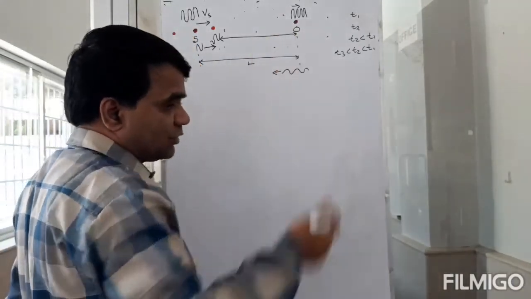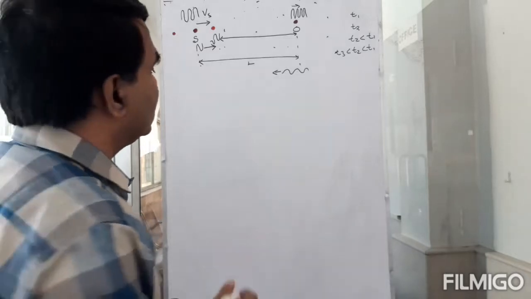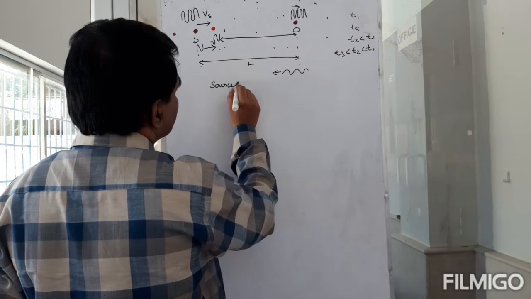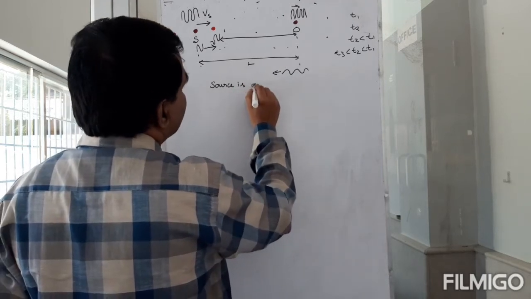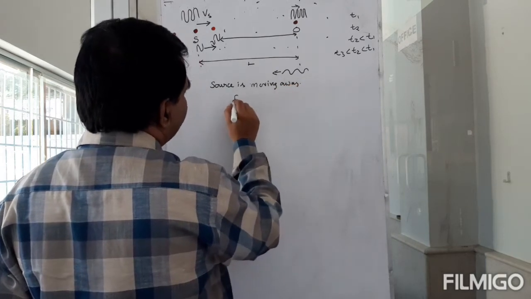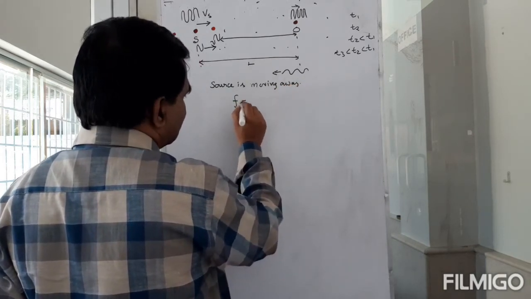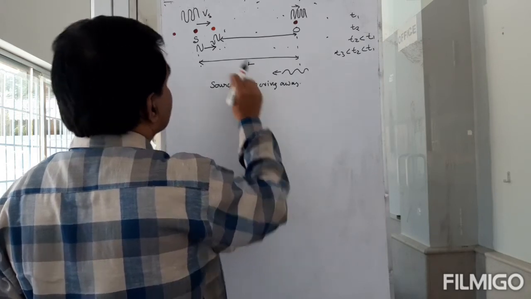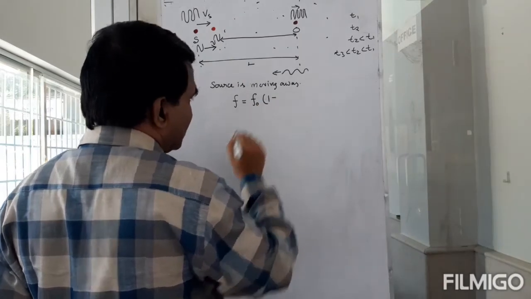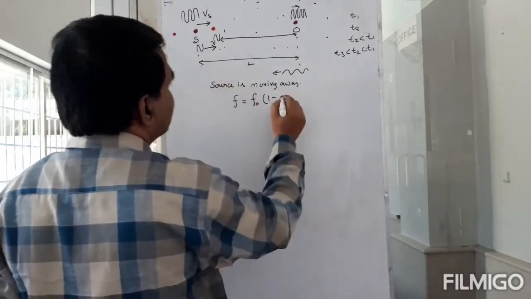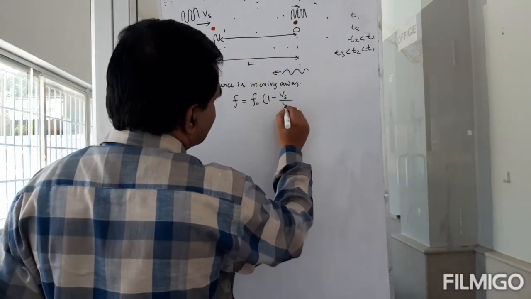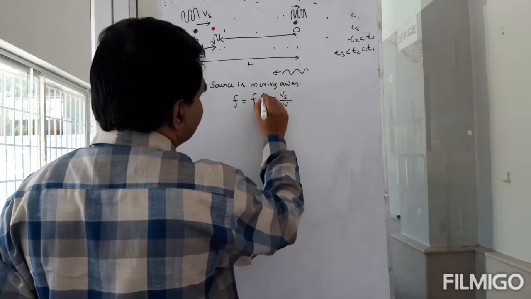So the frequency, if you refer to your 11th standard, if the source is moving away, the new frequency f is equal to the frequency that the source generates, f0, into 1 minus the speed of the source divided by the speed of the wave in that medium.